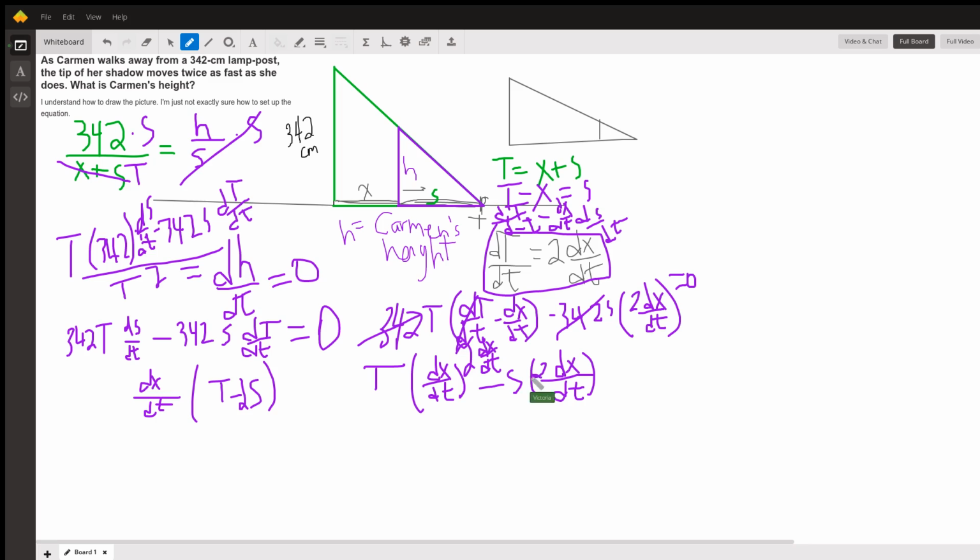This has a T, this has a 2, and that equals 0. Now we know that this is not 0, so T minus 2s must equal 0, or T equals 2s. So how does that get us to the height?